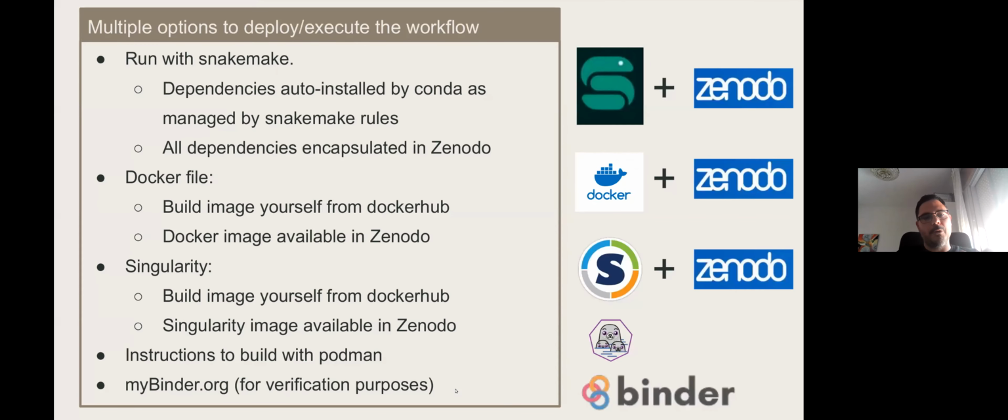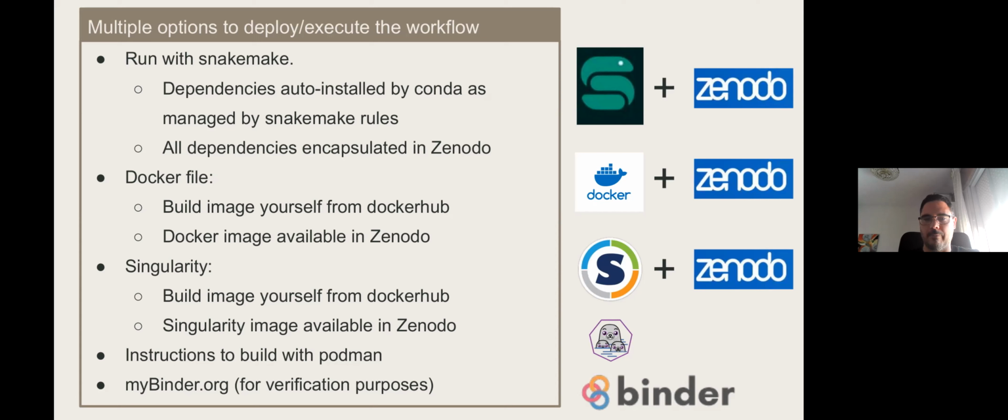We also put a lot of effort into having multiple options to deploy and execute the workflow. Of course, Mohamed has shown what I think is the best way to manage all this and to execute a workflow. Well, we didn't have time to implement that solution and to understand it in depth. It would have been very good. So at least we have several options.